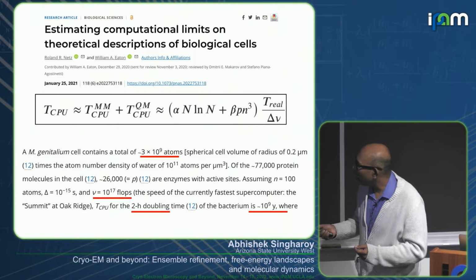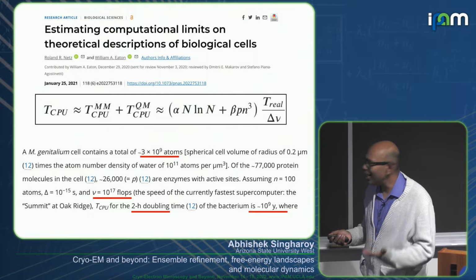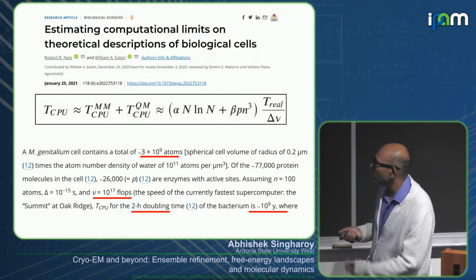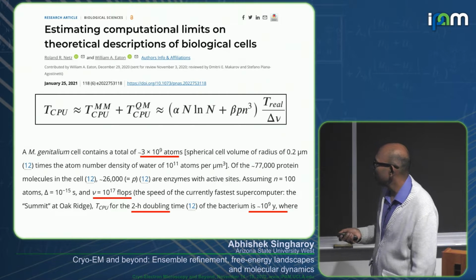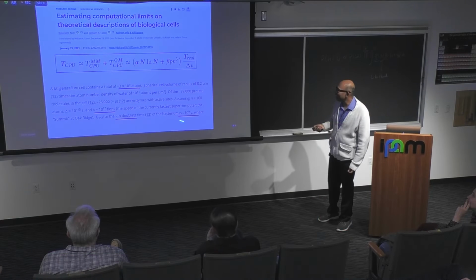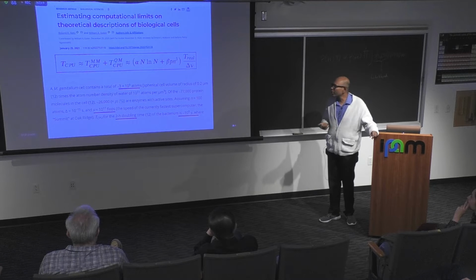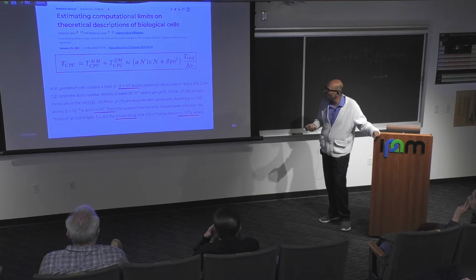According to that, 10 to the power 9, like a 3 billion atom system, which is like, let's say, a piece of a small bacterial cell, will take 10 to the power 9 years to figure out dynamics that are 2 hours long. Biologically relevant dynamics can be 2 hours long. So of course, you can say, fine, I don't want to do 2 hours, I can make this milliseconds.